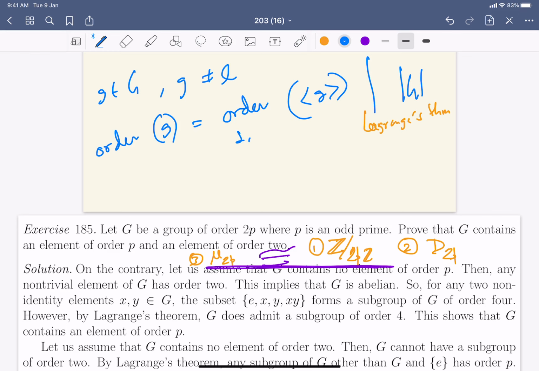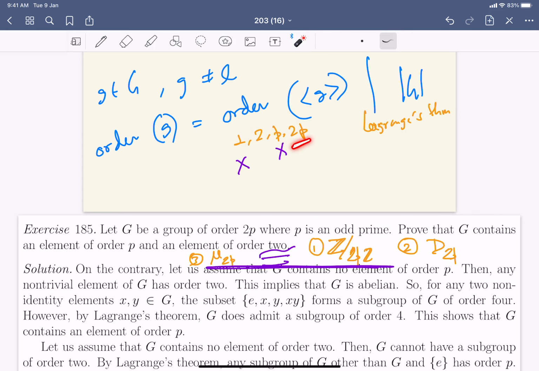It could be 1, or 2, or p, or 2p. It is not possible that this is 1 because you have started with a non-identity element. And you have assumed that G contains no element of order p, so this is not possible either. So we are left with just these two possibilities.